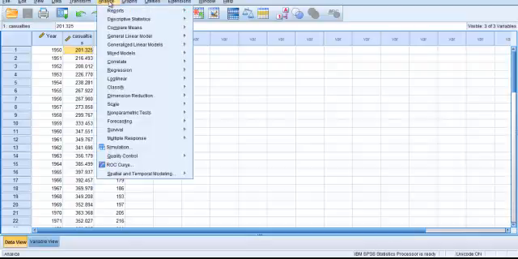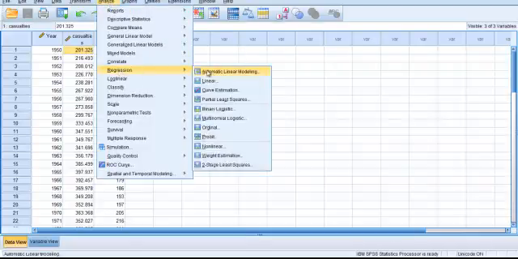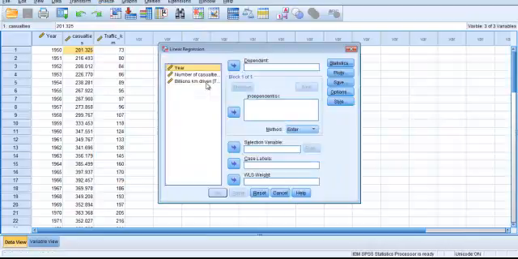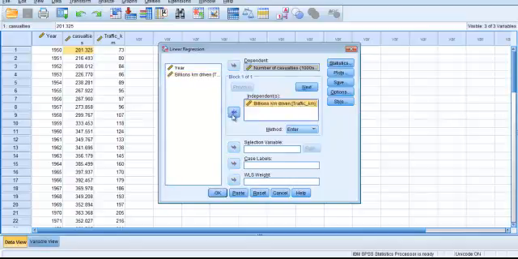So we're going to go up here to Analyze, Regression, and then Linear. And in this screen, we want to pull the number of casualties as the dependent and the number of miles driven in as the independent.